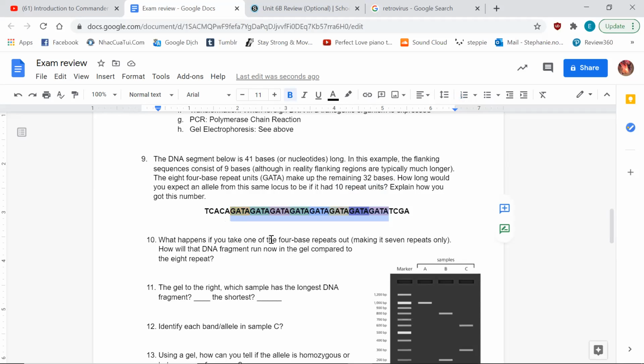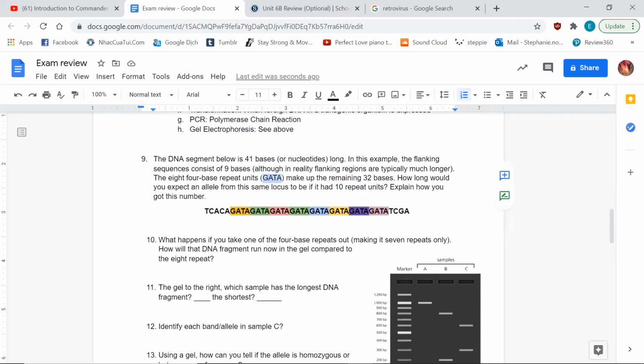In order to get from 8 units to 10 units, I have to add 2 units, meaning another 2 GATA patterns. And since it's just asking if I put 10 repeat units, I don't need to change any of the ones on the ends. I'm just adding 2 to the middle or somewhere. So when I add 2 units, each unit is 4 bases.